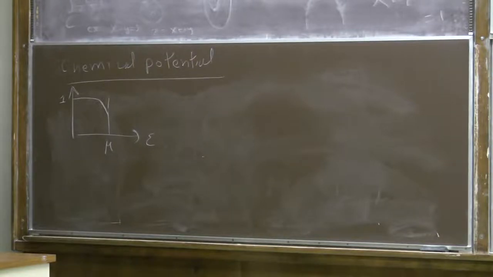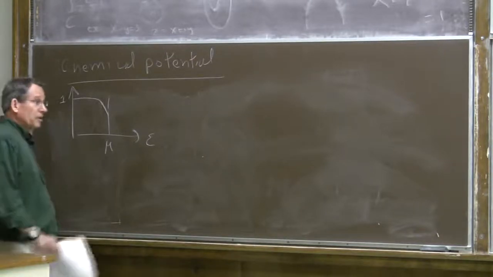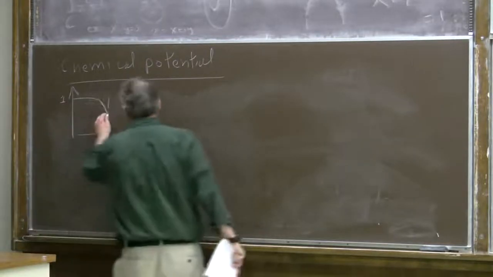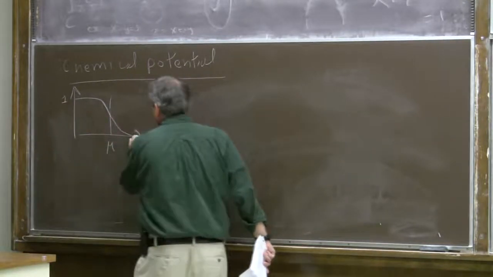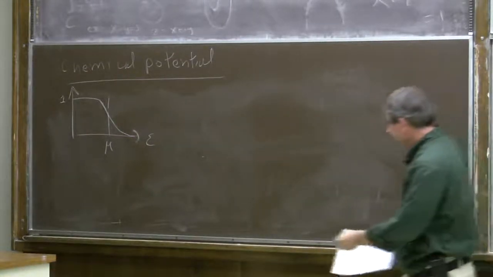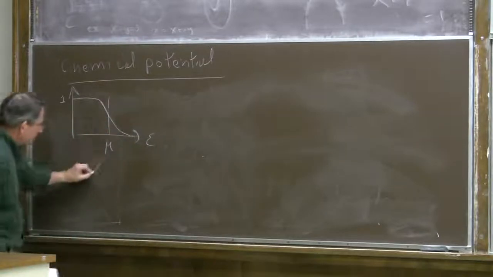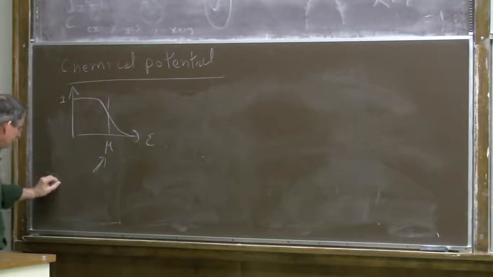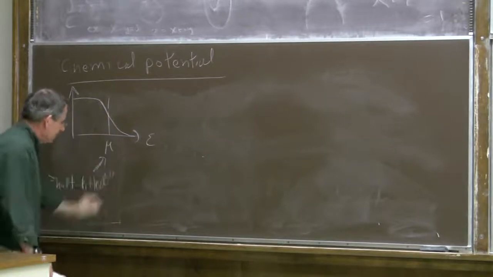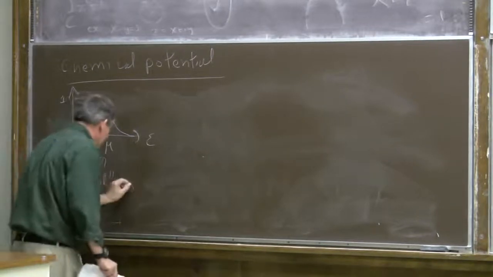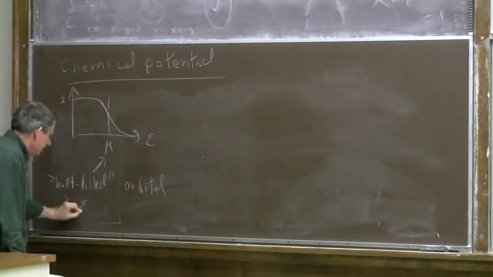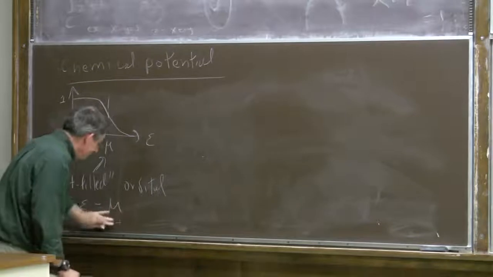The low energy orbitals are occupied with a probability close to 1, so the expectation value for the occupancy is 1, and then it falls off exponentially over here. So we say the orbital is half filled when the energy is equal to the chemical potential.